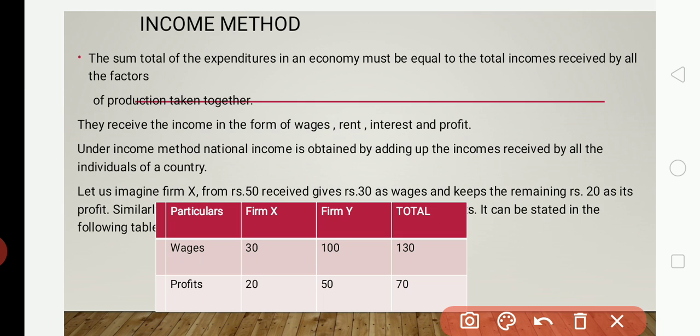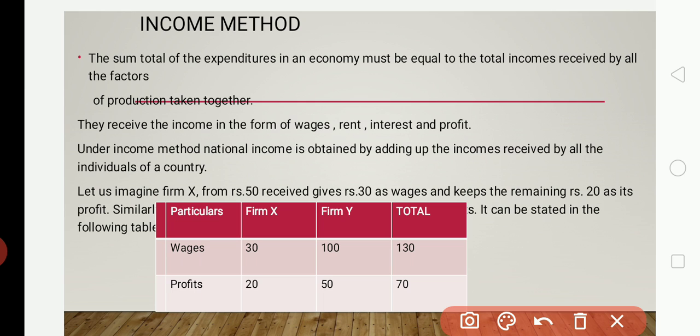In the study of circular flow of income, we have mentioned that the sum total of the expenditure in an economy must be equal to the total incomes received by all the factors of production taken together. Households will be supplying the factors of production. They receive the income in the form of wages, rent, interest and profit.